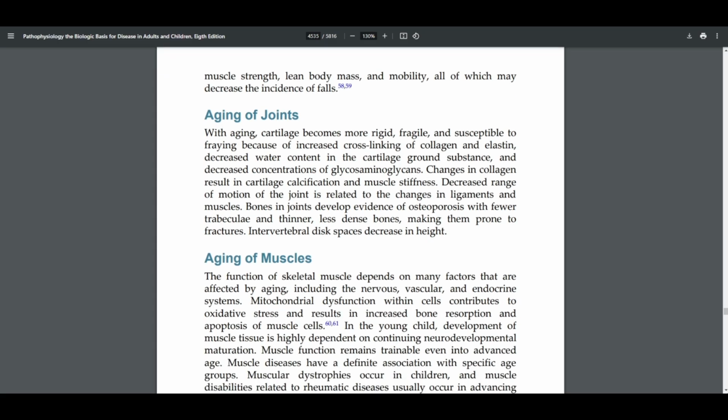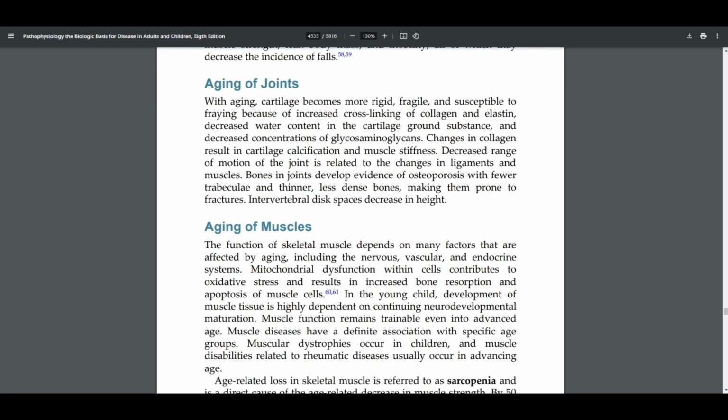Aging of joints. With aging, cartilage becomes more rigid, fragile, and susceptible to fraying because of increased cross-linking of collagen and elastin, decreased water content in the cartilage ground substance, and decreased concentration of glycosaminoglycans. Changes in collagen result in cartilage calcification and muscle stiffness.